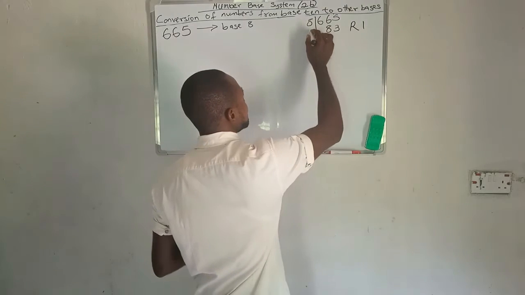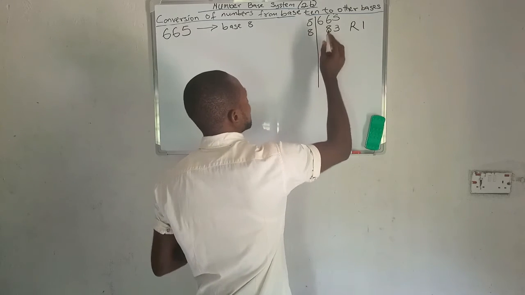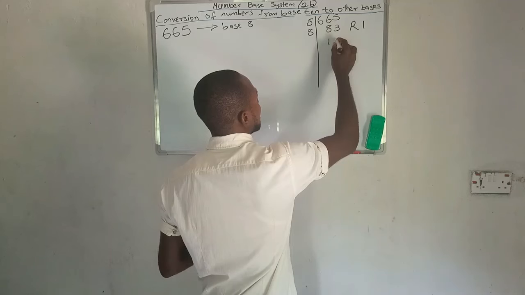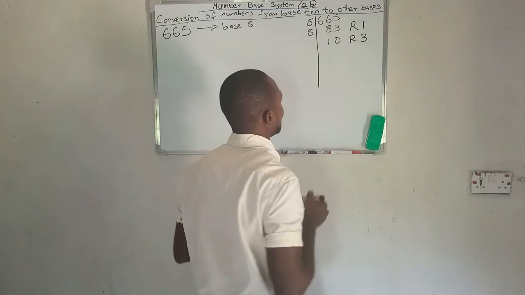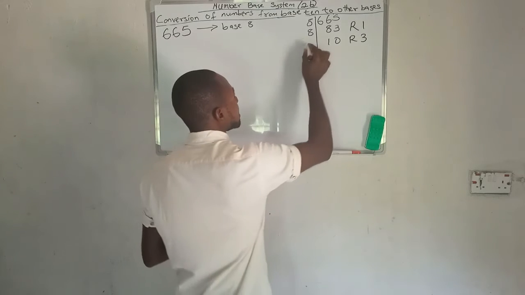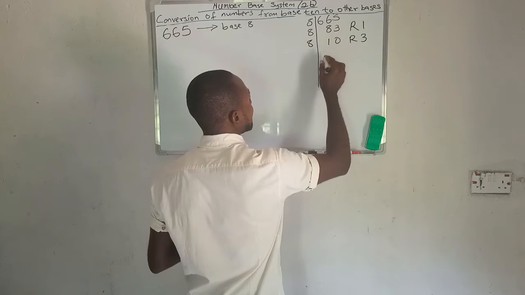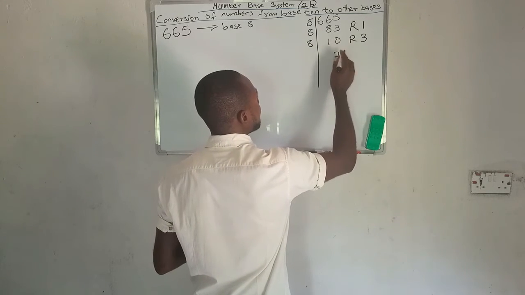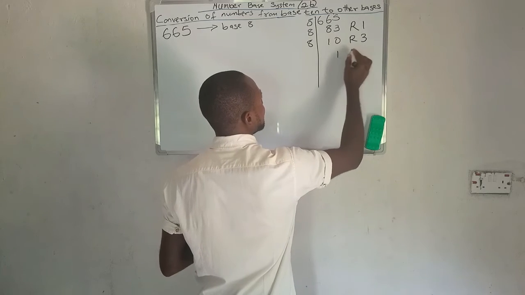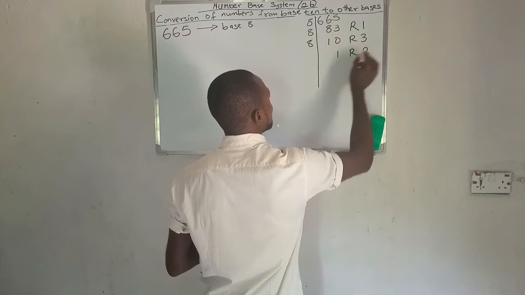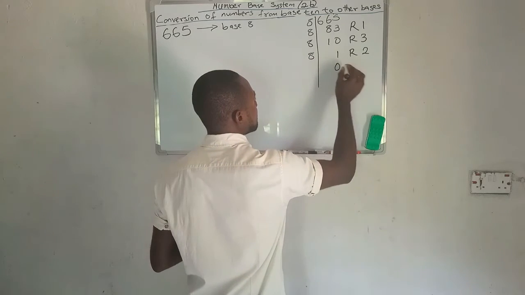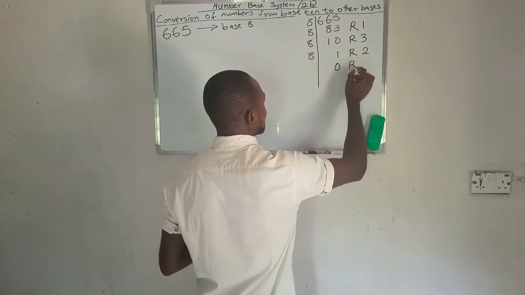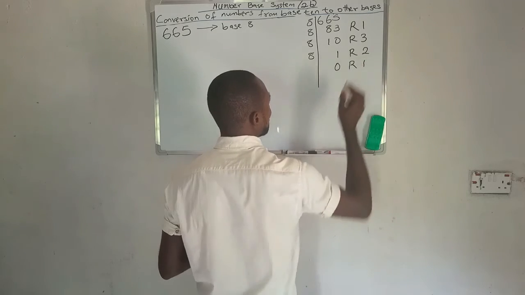And then 83 divided by 8 will be 10, remainder 3. Then 10 divided by 8 will be 1, remainder 2. And 1 divided by 8 will be 0, because 8 cannot divide 1, so we have 0, remainder 1.